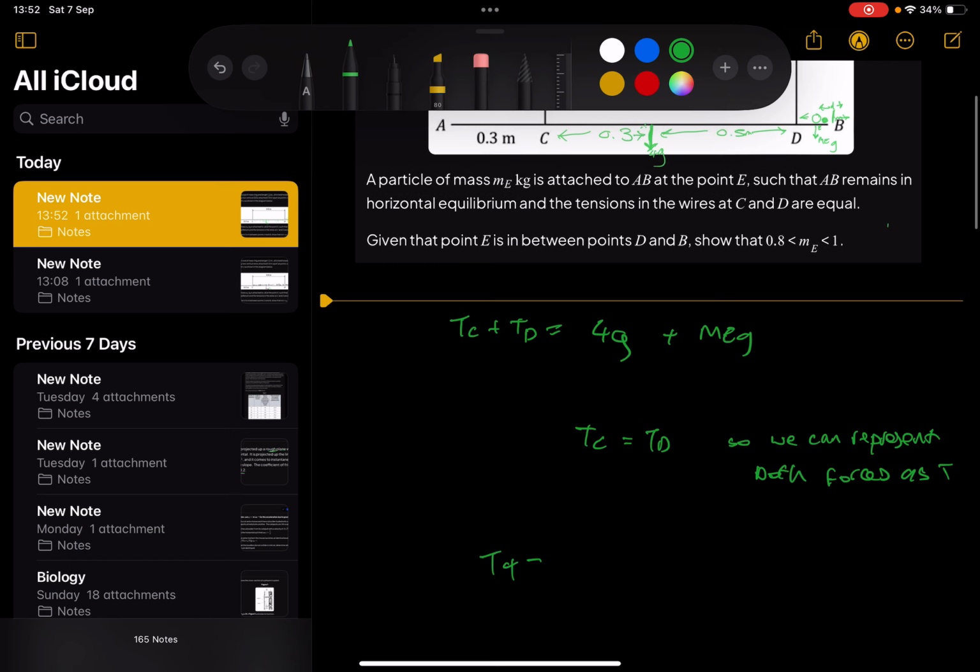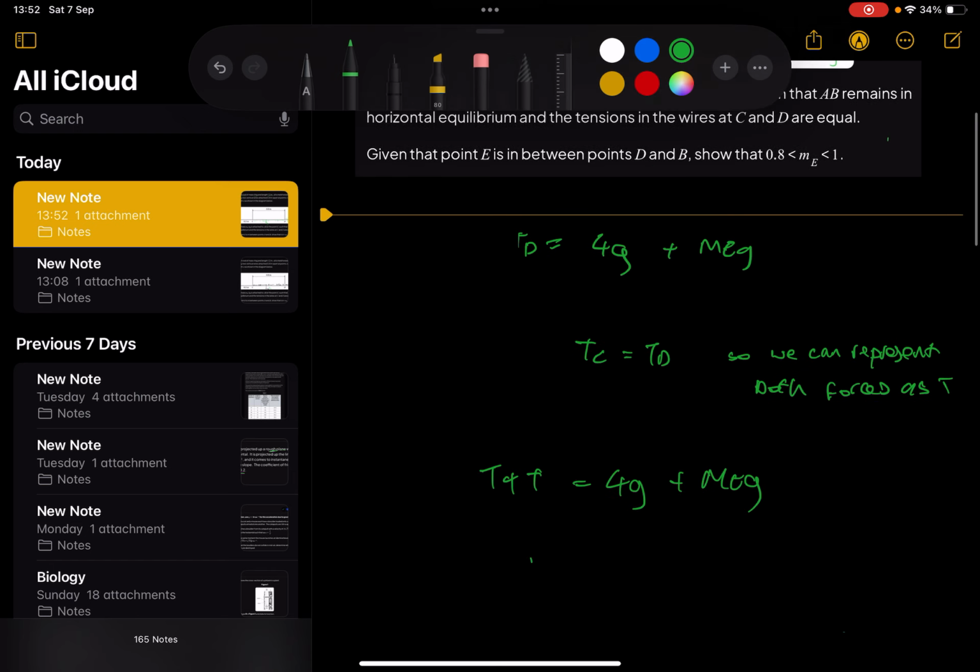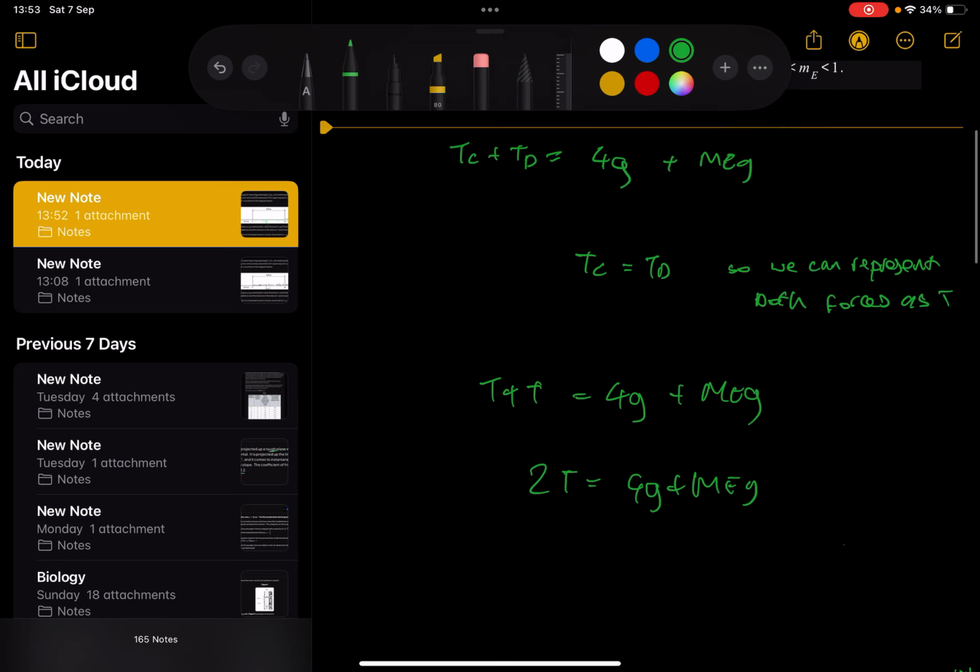So T plus T. Substitute T into the equation: 2T equals 4g plus mg, and 2T equals 2g plus half mg.